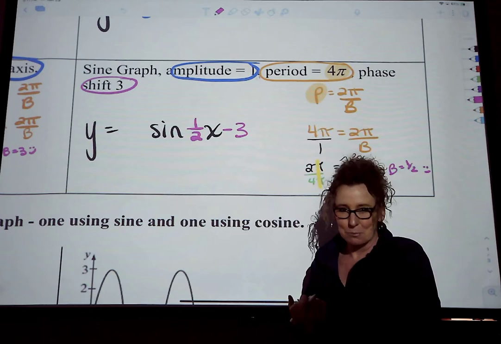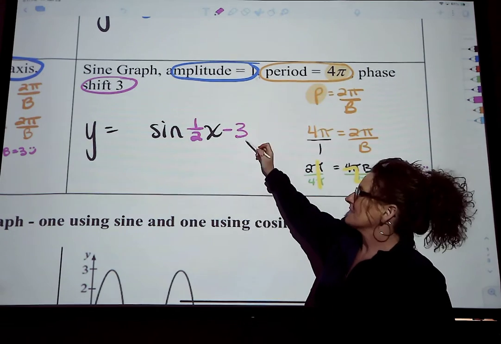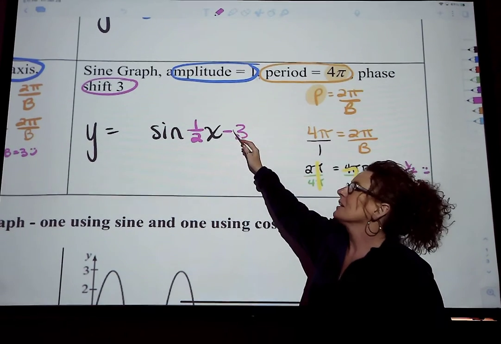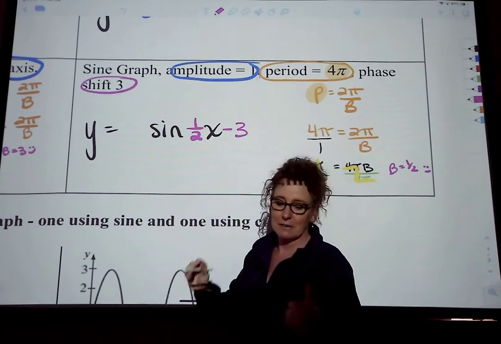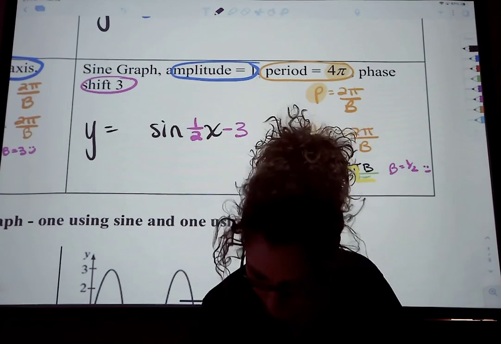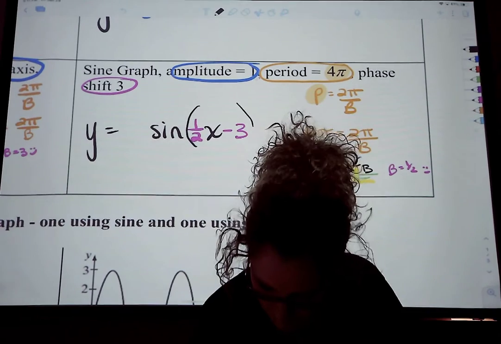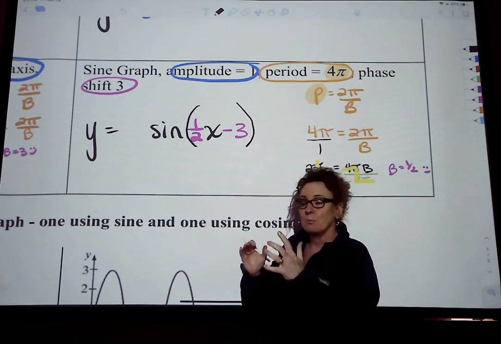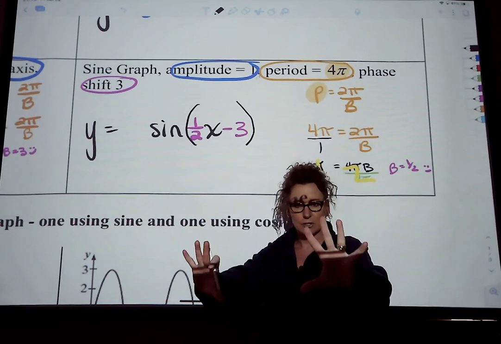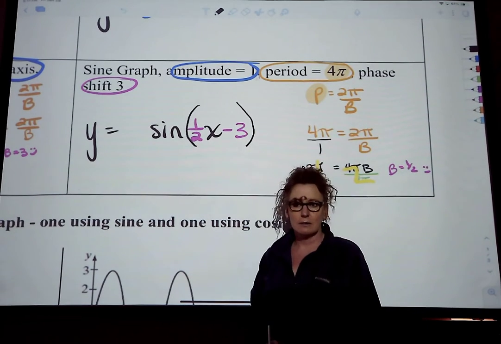Now, you need parentheses because this isn't a vertical shift. This is still part of our x. It's a horizontal shift. You need parentheses. However, those are wrong. If you put them there, you're telling whoever looks at your paper, hey, you've got a factor.